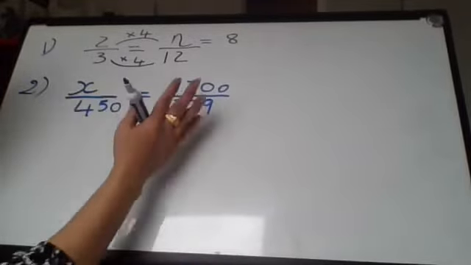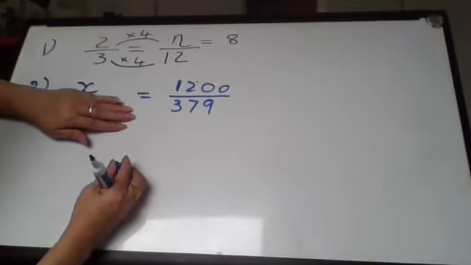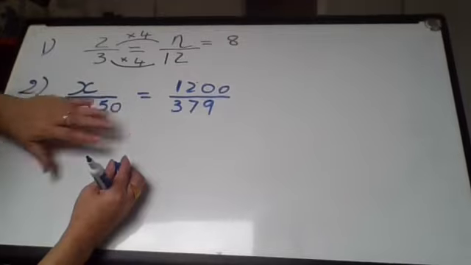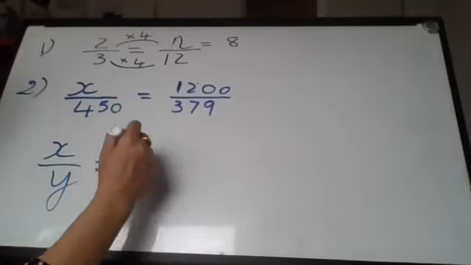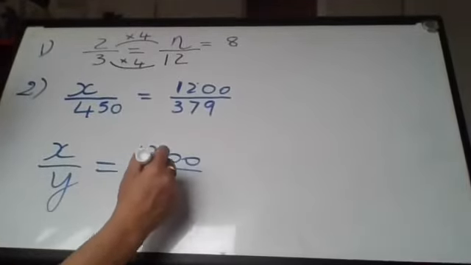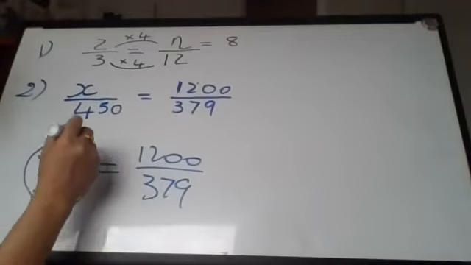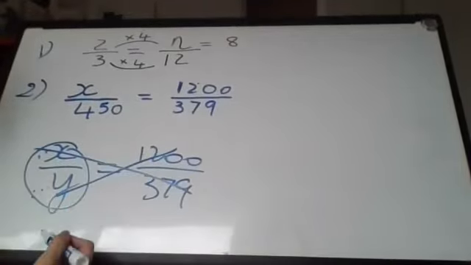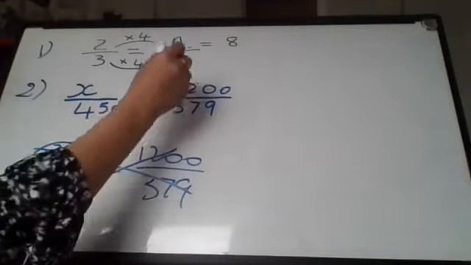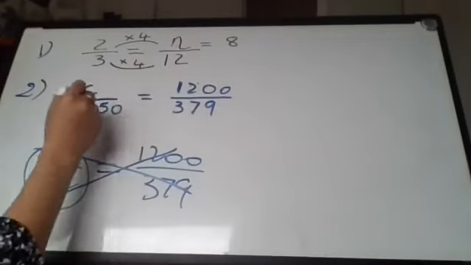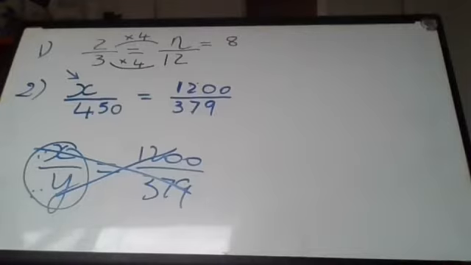If you have two unknowns, let's say x over y equals 1,200 over 379, there's no way you can solve it. Forget it. The only way you can solve a ratio problem is if you are given three numbers and asked for only one number.